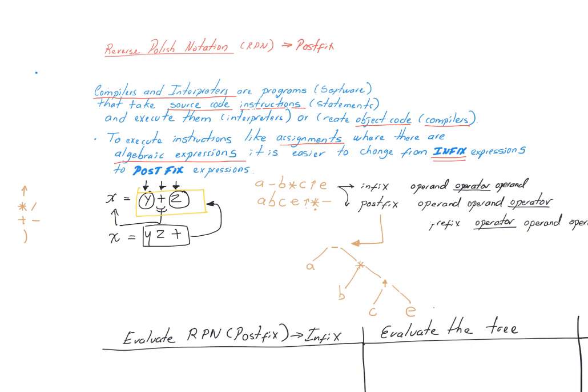So in postfix, the operator is after the operands. In infix, the operator is between the operands, and there's another type called prefix, where I have first the operator and then the operands. In this case, it would be something like this.